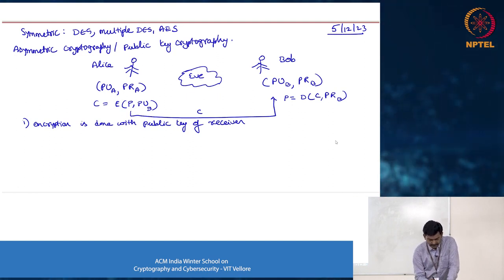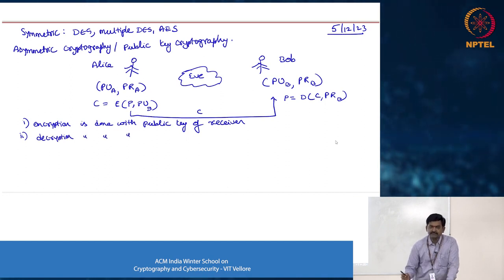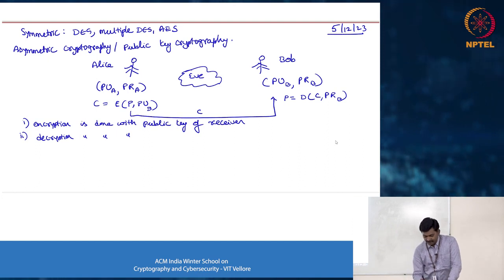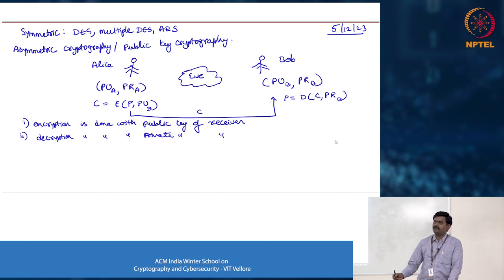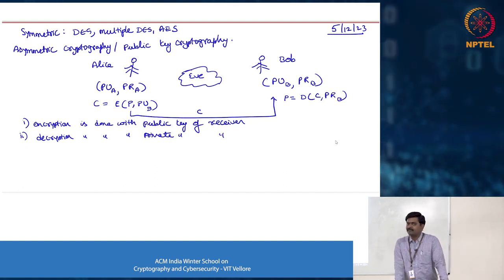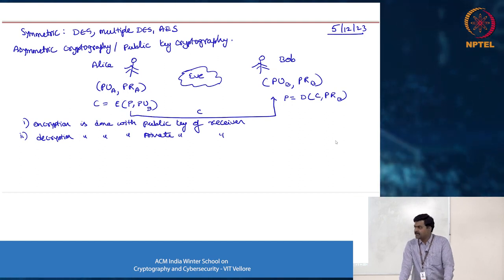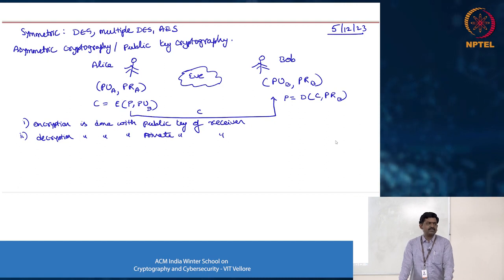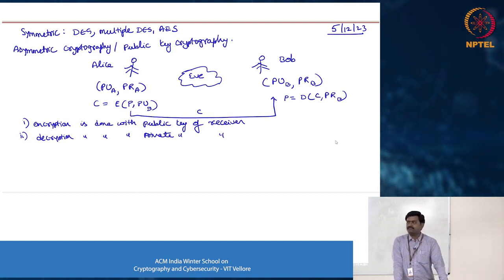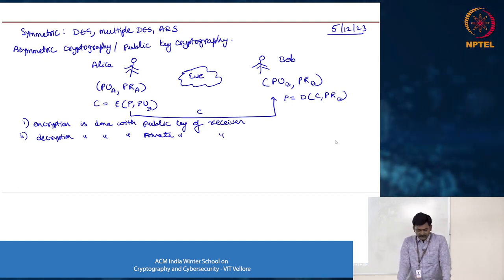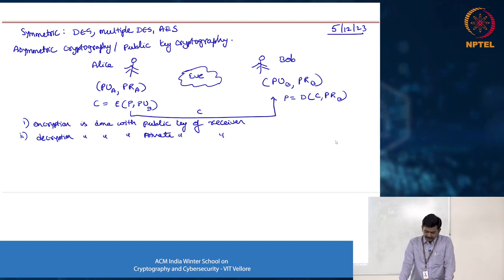Now, what is the second point? Decryption is done with the private key of the receiver, and in order to perform decryption, what is needed is the private key, and the private key is known only to the receiver, who is nothing but Bob here. Eve will not know that particular private key.